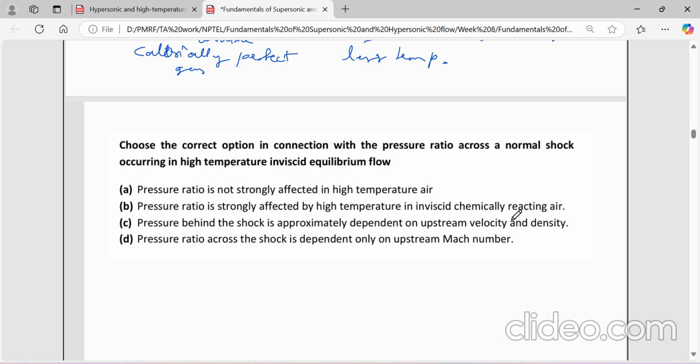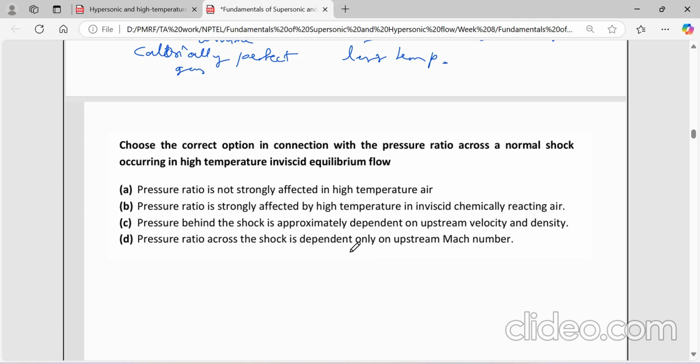Option B: pressure ratio is strongly affected by high temperature in inviscid chemically reacting air. Option C: pressure behind the shock is approximately dependent on upstream velocity and density. Option D: pressure ratio across the shock is dependent only on upstream Mach number.